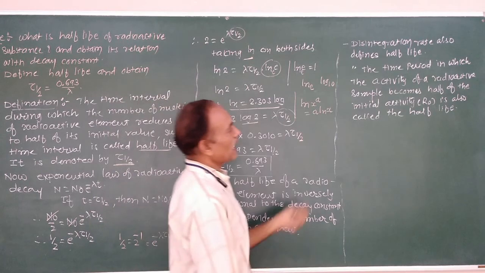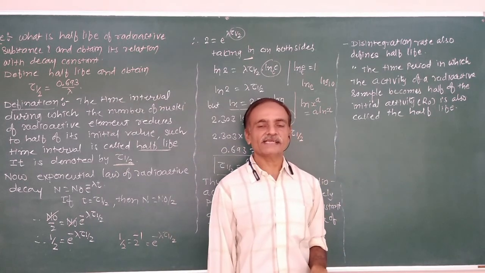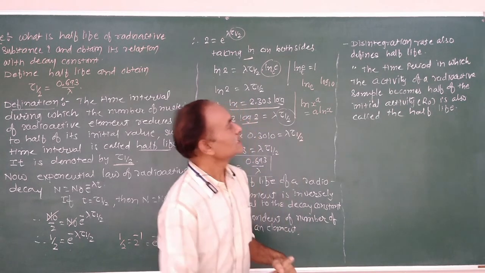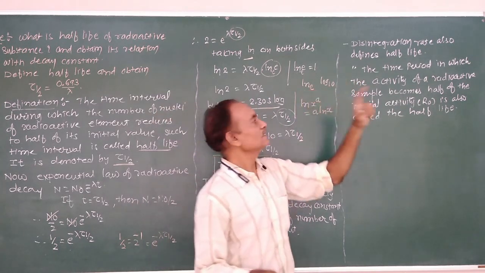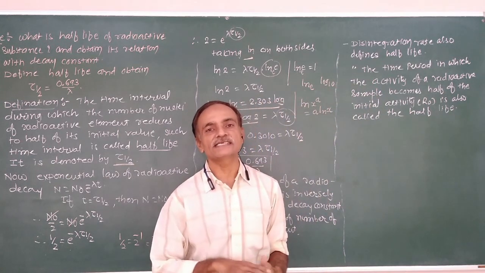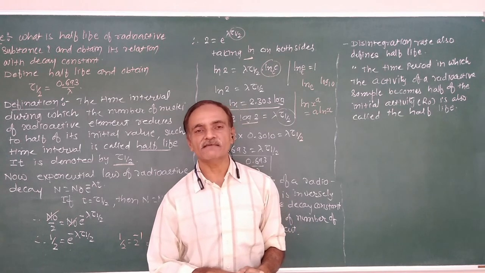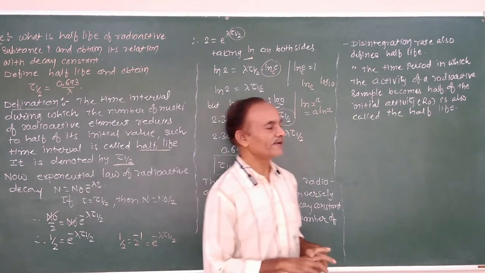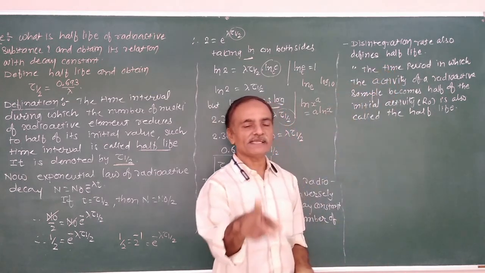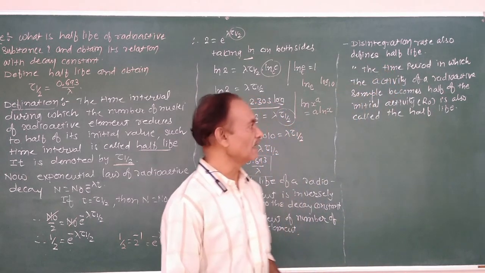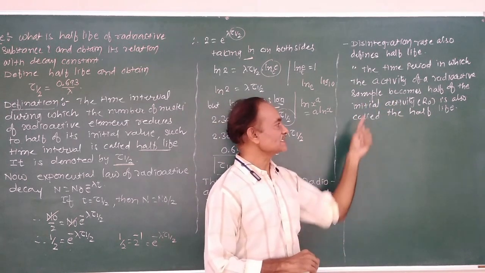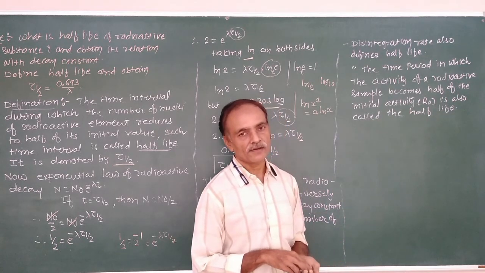Activity is dN by dt. So, the time period in which the activity of a radioactive substance becomes half of its initial activity, such time interval is known as the half-life of a radioactive substance.